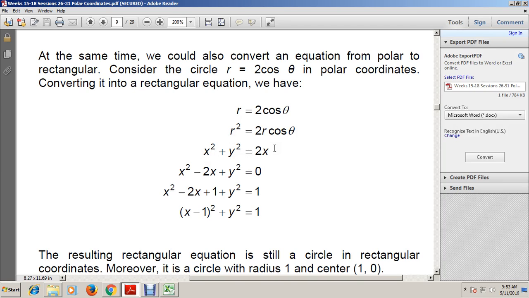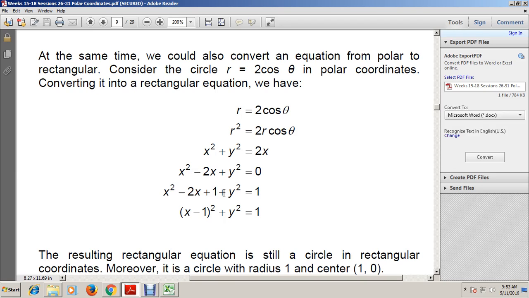Now, if we transpose 2x to the left side, this becomes x squared minus 2x plus y squared is equal to 0. Now, we are trying to introduce the unit circle, the circle that has radius equal to 1.